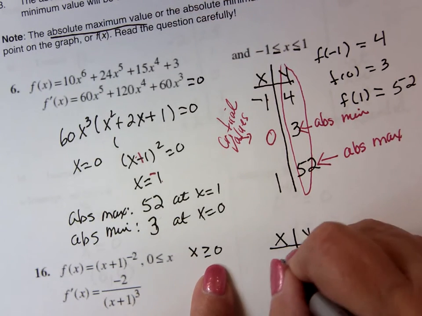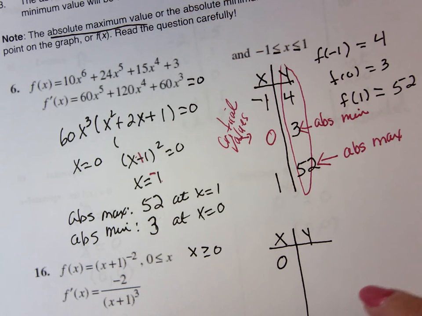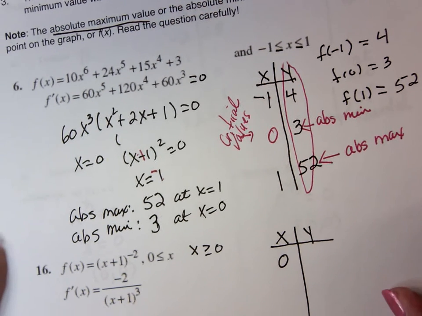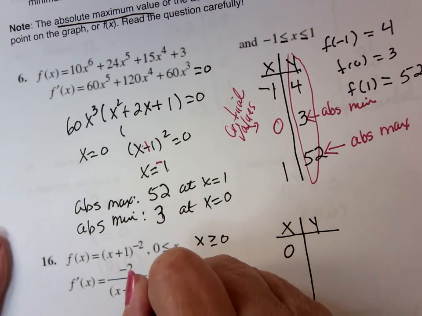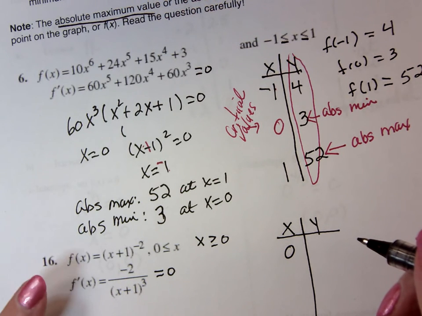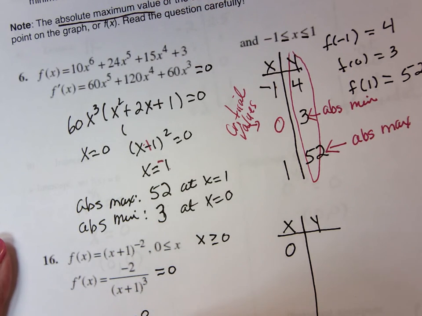So it starts at 0 and goes to infinity. Interesting. So first thing I need to do is take the derivative, set it equal to 0 to get critical numbers. And that says that negative 2 equals 0. That can never happen. So there are no critical numbers.